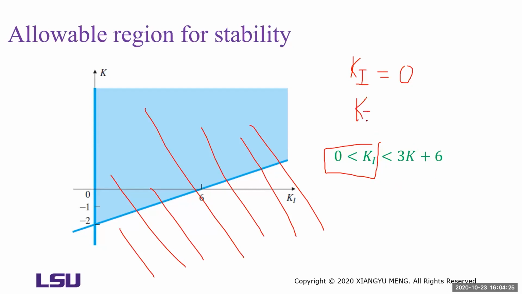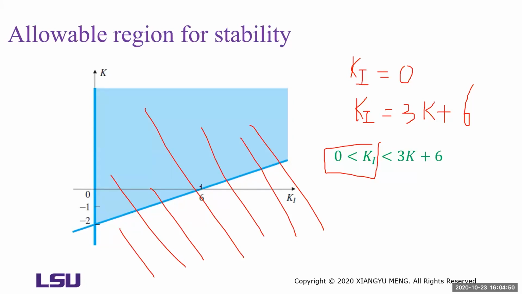How Ki is equal 3K plus 6. It's a line. Okay? We only need to find 2 points. First point we can find if K is 0, what's Ki? K is 0, Ki is 6.